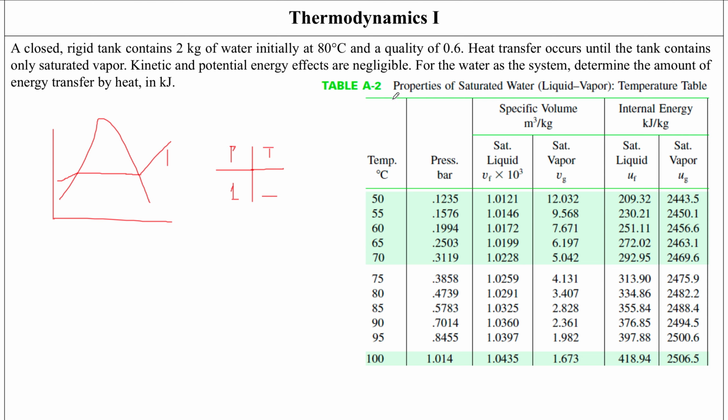We're talking about table A3, I think, for water, which is the pressure table. In that table, the temperature given to you is the saturation temperature, and the saturation temperature is applicable from this point until this point.